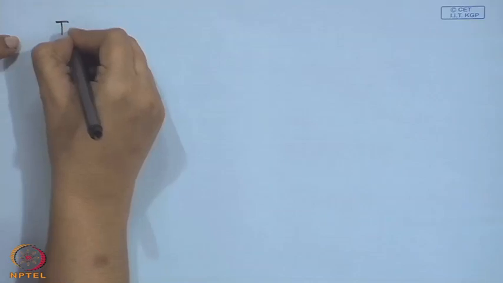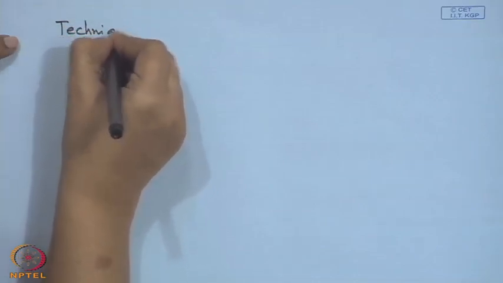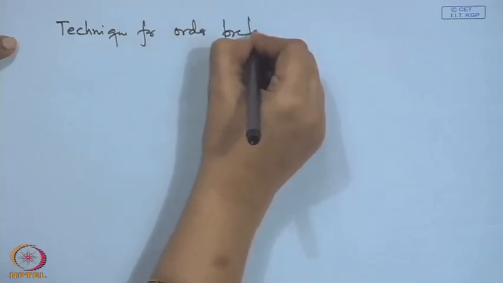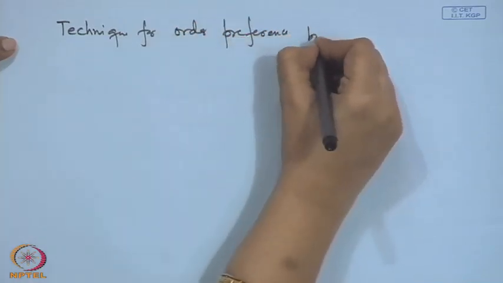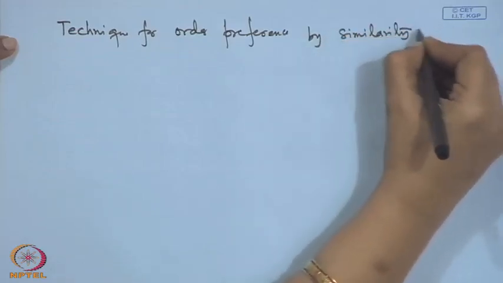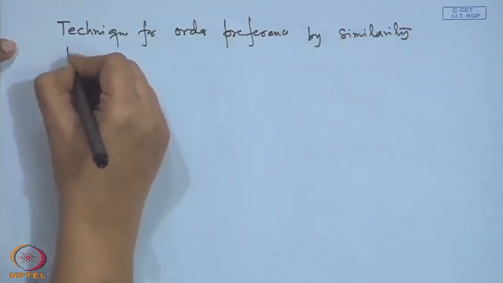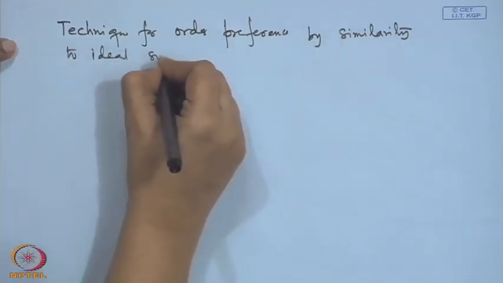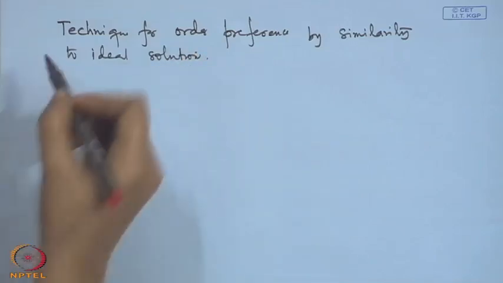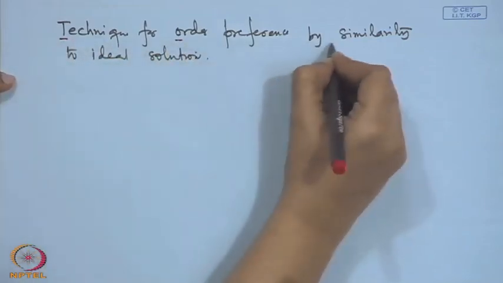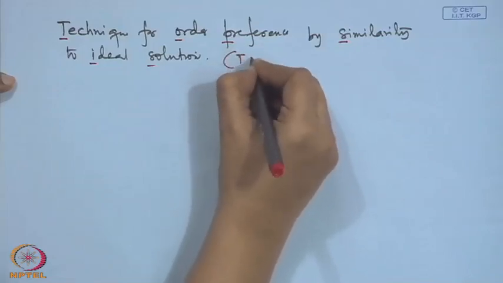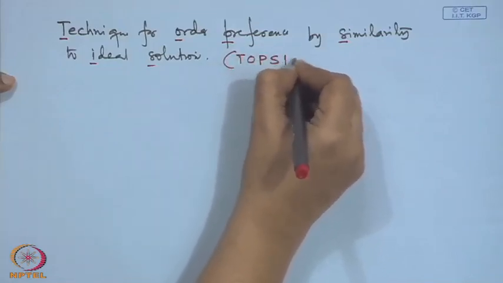The full form of TOPSIS is Technique for Order Preference by Similarity to Ideal Solution. T O P S I S, that is why in short we call it the TOPSIS method.